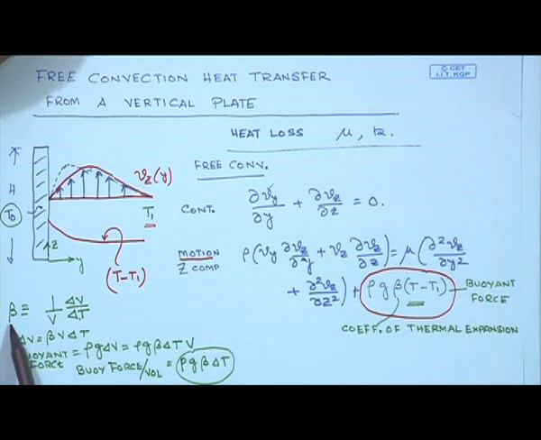So, everything is expressed in terms of the thermal expansion coefficient, which is an experimental parameter measured experimentally for most of the gases over a wide range of temperature. So, it is customary to express the buoyant force in terms of the thermal expansion coefficient.